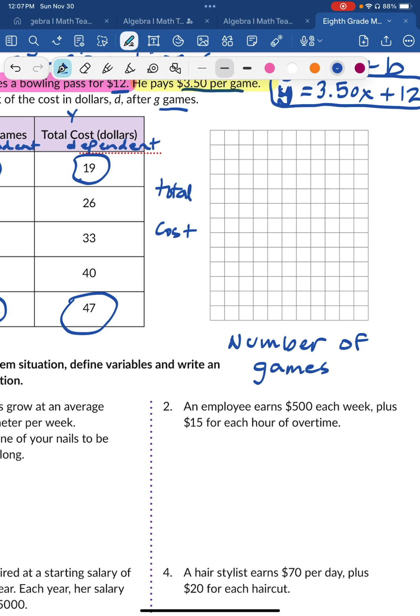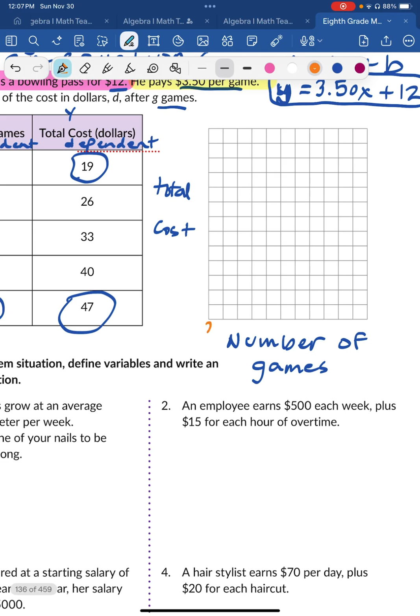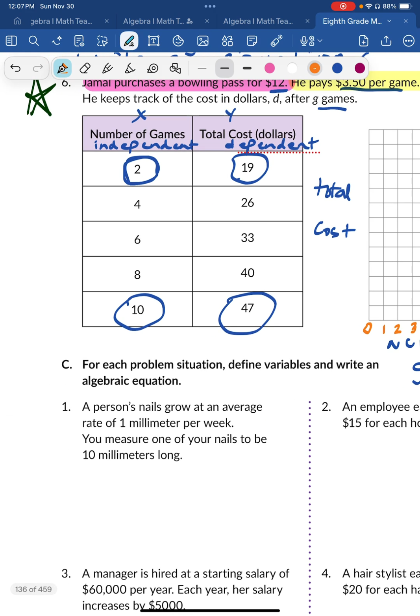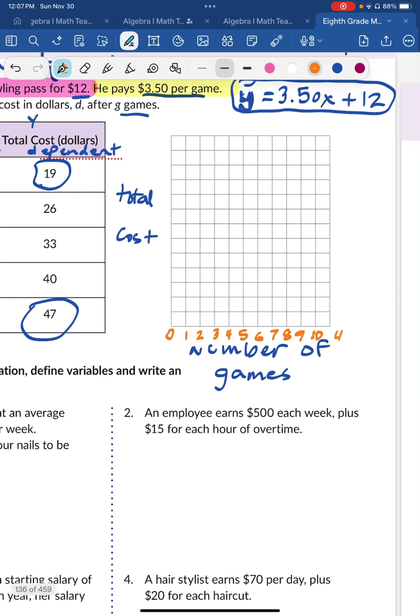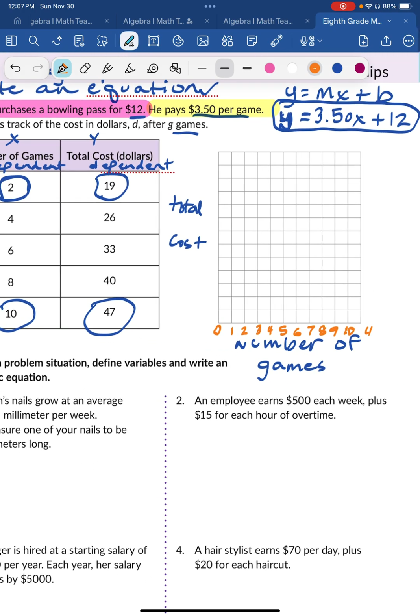So let's see. Let's do 0, 2, 4, 6. Well, let's erase. We can do 1, 2, 3, 4, 5, 6, 7, 8, 9, 10, 11. Since we're going all the way up to 10, we can count by ones on our x-axis. So what about our y-axis?